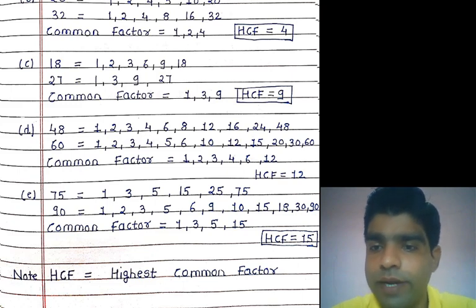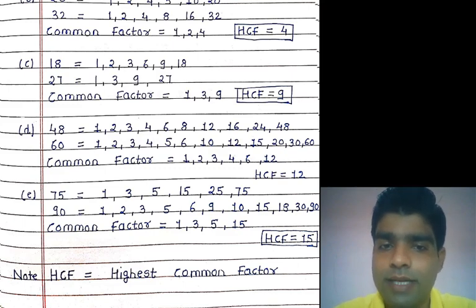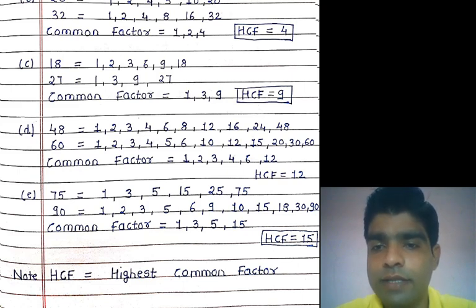Then the last step, we have to find the highest common factor. The highest common factor is what? 15. Definitely 15 is the correct answer.